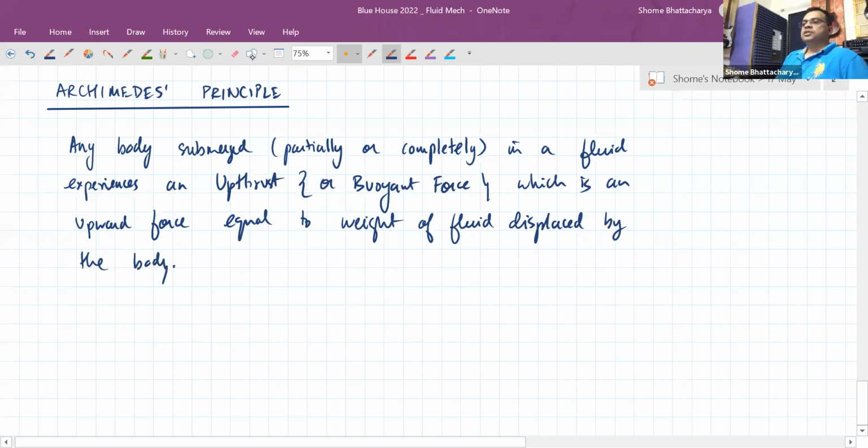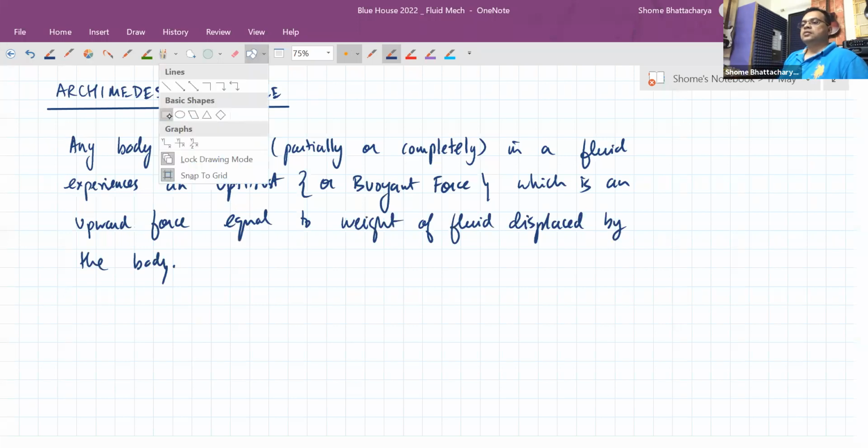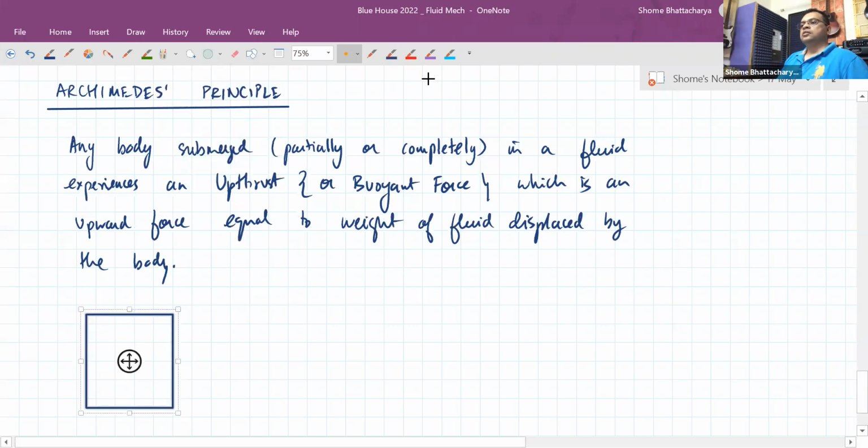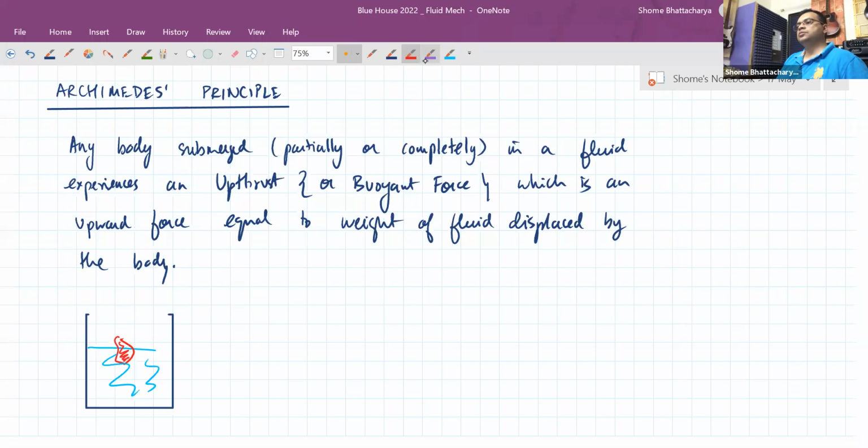So this statement literally means something like this: if we consider, in a fluid, anything that might be partially submerged, or anything that might be completely submerged.